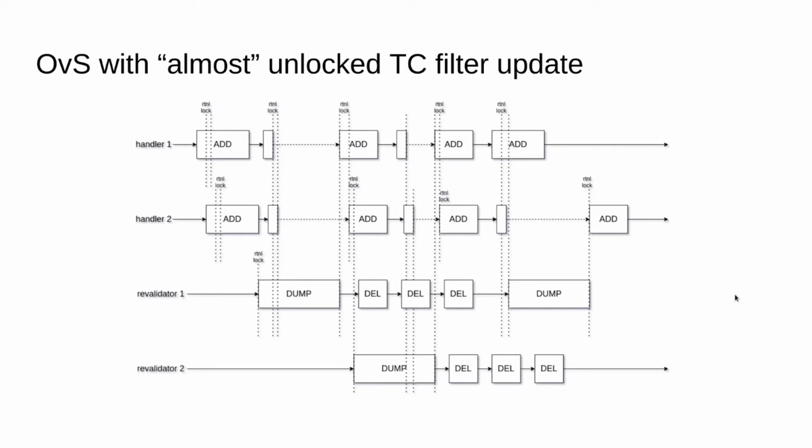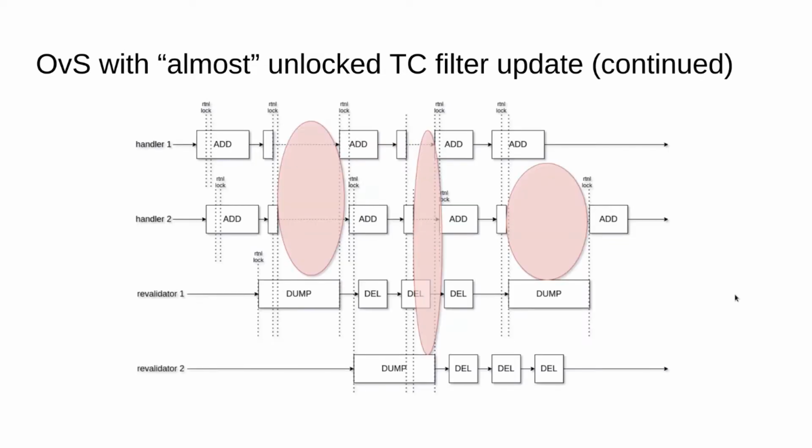As you can see from the picture, OVS not only inserts filters, but revalidates them concurrently. And it introduced significant bubbles in the pipelines of handler threads, because even though they only need to obtain the lock briefly, they still had to wait for the revalidator to fully fill the netlink packet with filter data up to the maximum netlink packet size.